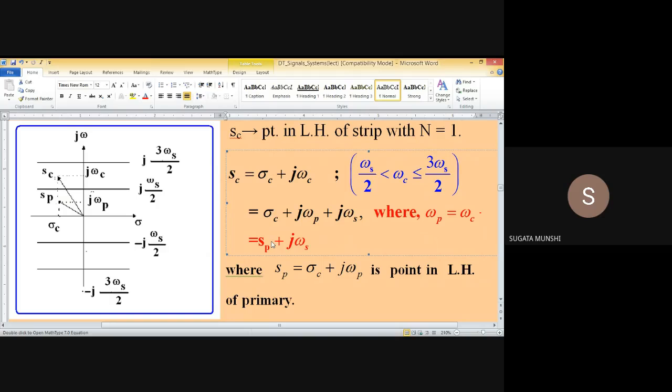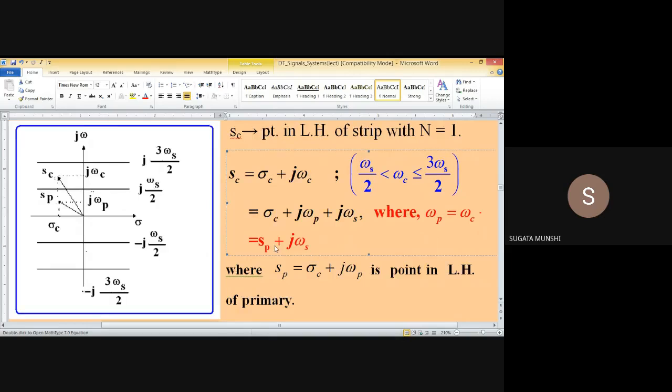Therefore, in the strip n equal to 1, for every SC, we can find a point in the primary strip such that they will map onto the same point in the Z plane. And that will be inside the unit circle centered at origin in the Z plane.